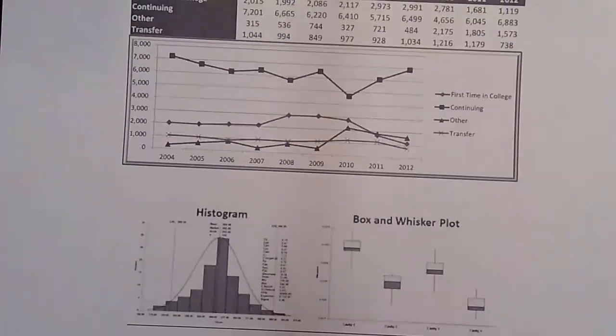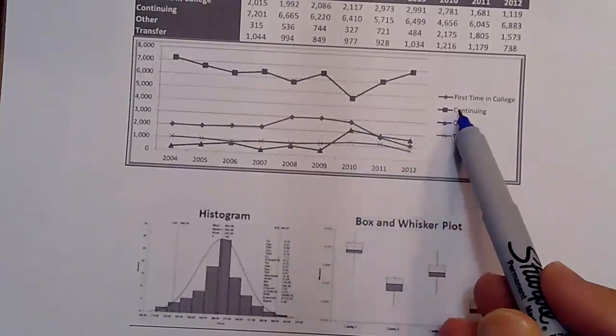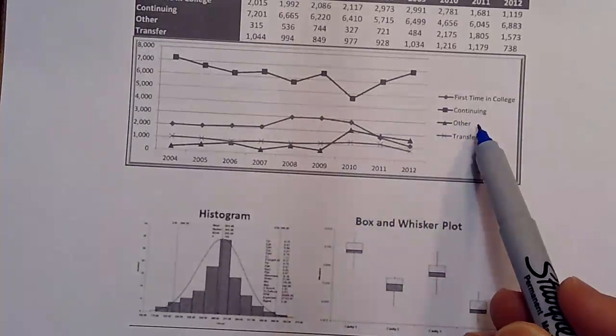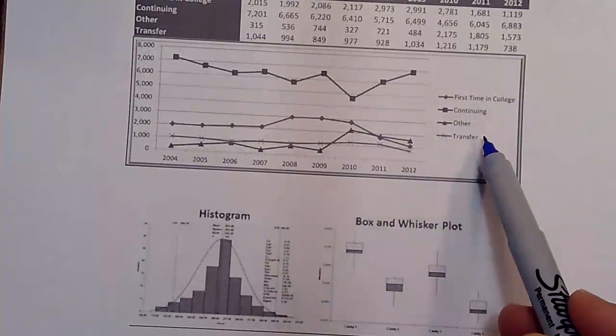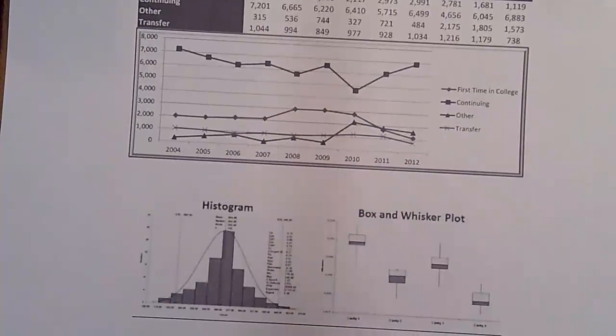And this looks like first time in college enrollment trends. Okay, so they have some years from 2004 to 2012, and then they have a nice set of lines. You're able to distinguish first time in college, continuing, others, transfers. Okay, so these are examples of things that were created to help with the presentation of your data.